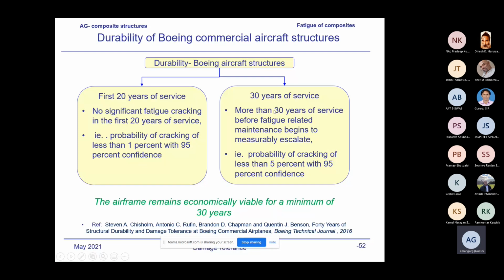More than 30 years of service before fatigue-related maintenance begins to measurably escalate, that is, probability of cracking of less than 5% with 95% confidence. So this is the requirement of Boeing, which is virtually a safe life philosophy for 20 years or 30 years.